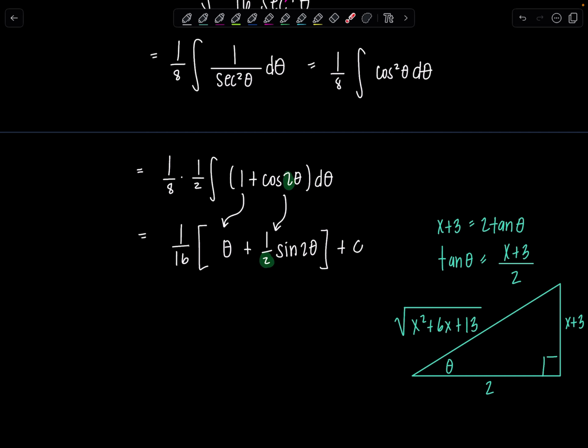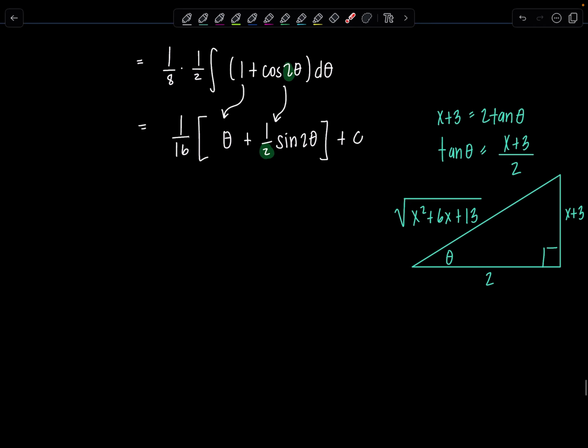But remember, the hypotenuse is going to have a radical on it. We didn't have a radical in our original integral, but it doesn't matter. The quantity underneath matches, so that shouldn't be surprising. Okay, let's go from here.